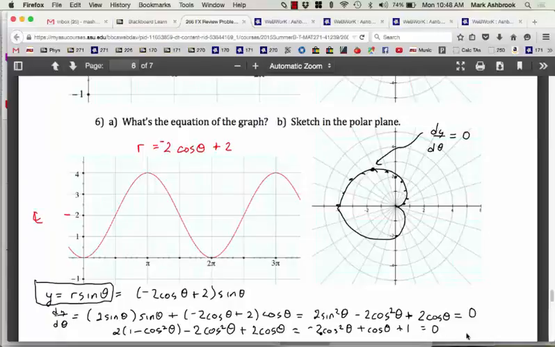Did we do it right? So we got rid of the 2's, and then I combined. I got minus 2 cosine squared, plus 1 cosine, and then plus 1. Yeah, that checks out. So we have a quadratic in cosine, right?